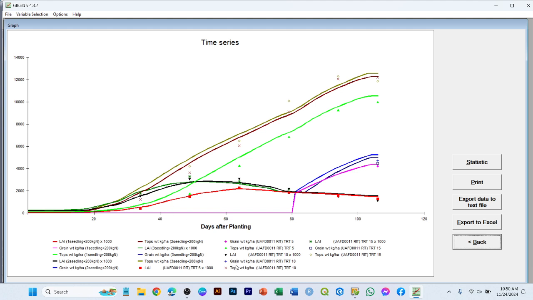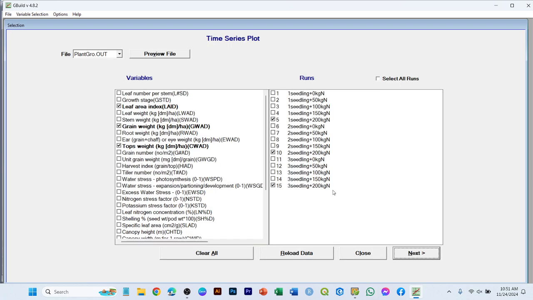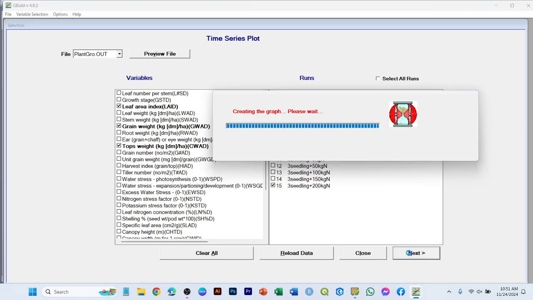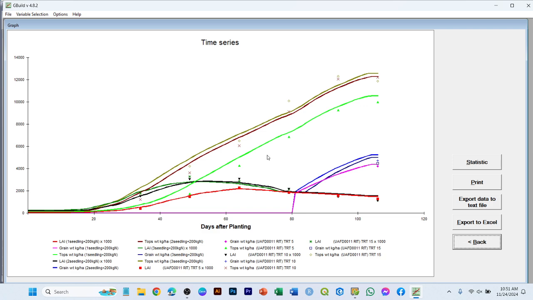That's why there are two grain weights. You don't need to be confused. Just go back. Look, treatment 5, 10 and 15. There are three treatments. That's why there are three. This is the plotted value of three treatments: 5, 10, and 15.